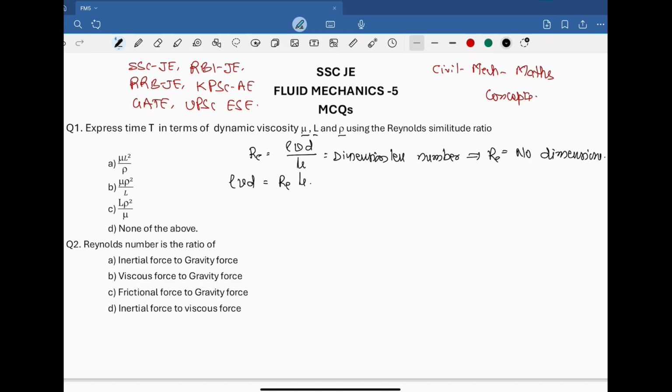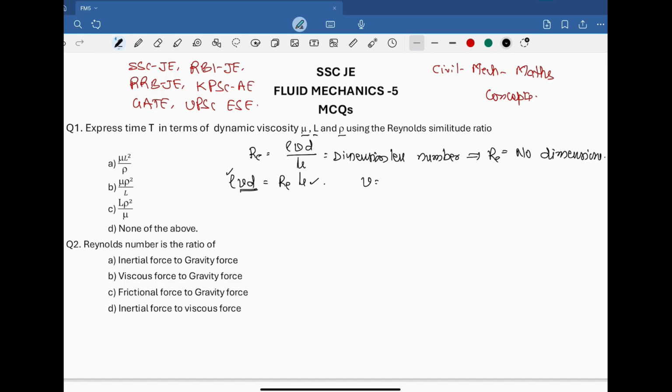L is length, that is a dimension. We can use rho, we can use mu, and we have to convert V and D into length parameters.